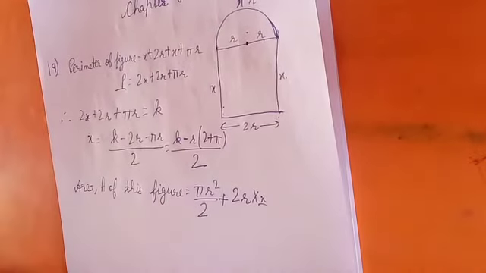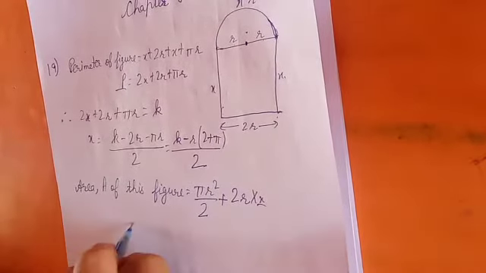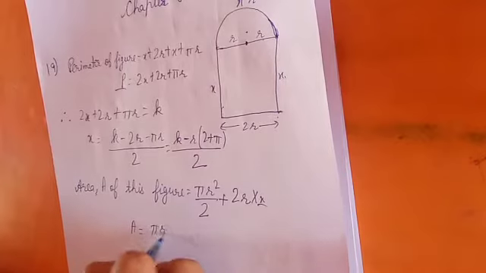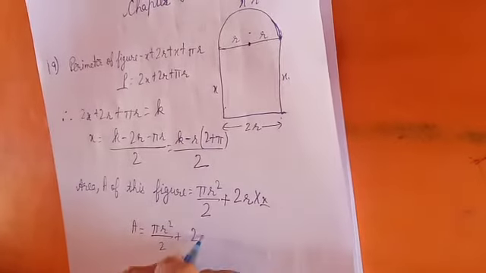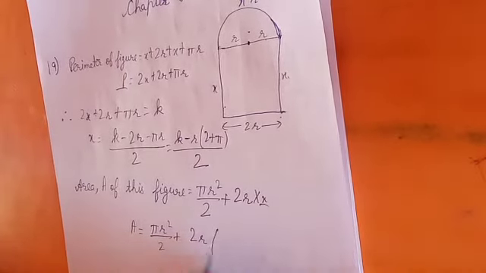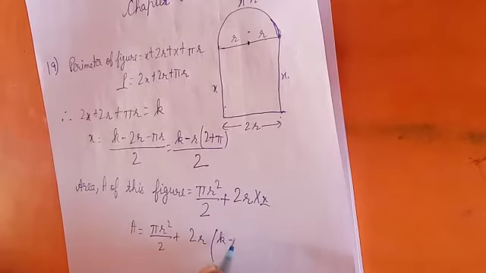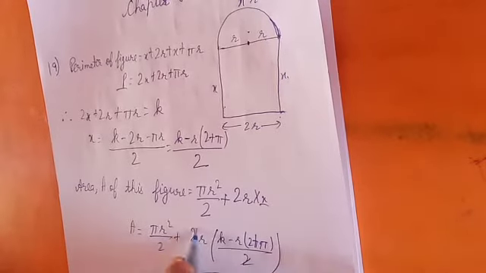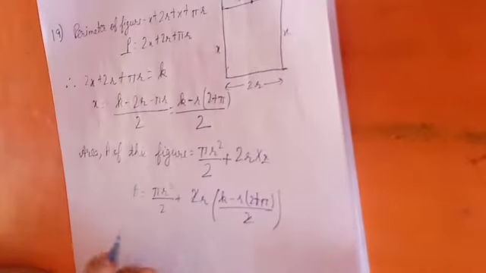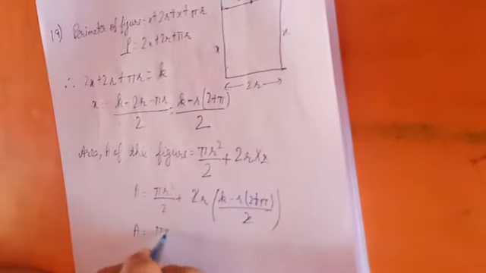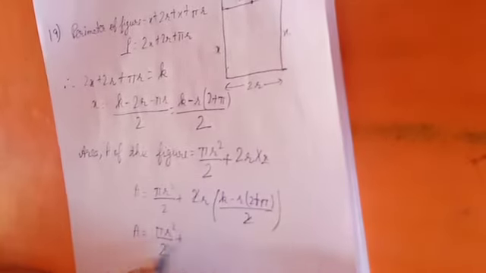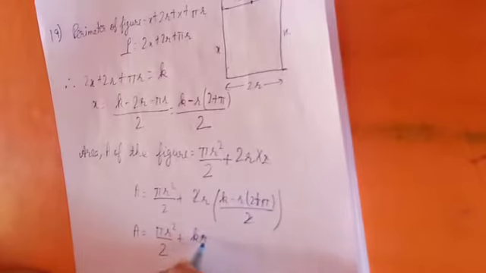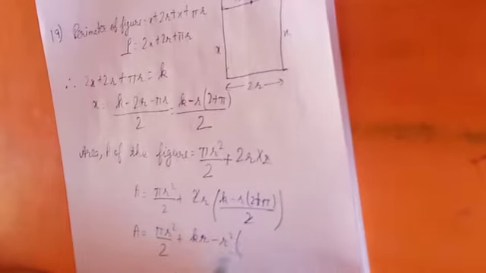Here we can put the value of x. So our area A will be pi r square by 2 plus 2r times (k minus r (2 plus pi)) divided by 2. The 2s cancel, so we get A as pi r square by 2 plus kr minus r square into (2 plus pi).